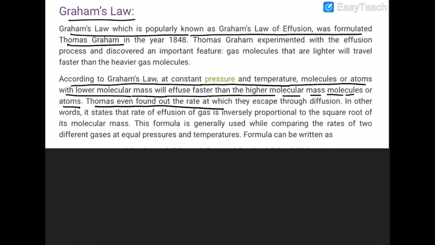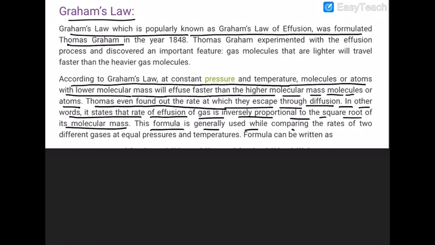Thomas Graham even found out the rate at which the escaping occurs through diffusion. In other words, it states that the rate of effusion is inversely proportional to the square root of its molar mass.